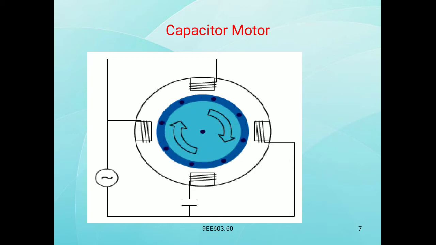It is rotating in clockwise direction, the supply is AC sinusoidal, and the poles are shown in the figure. This is the capacitor motor rotation.